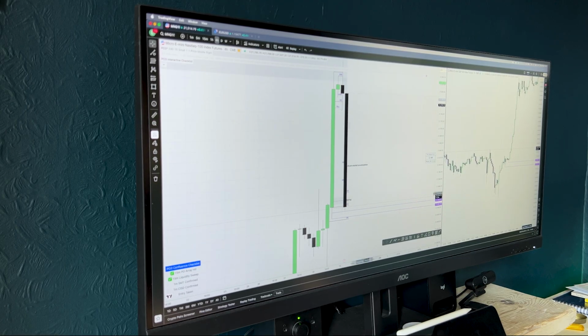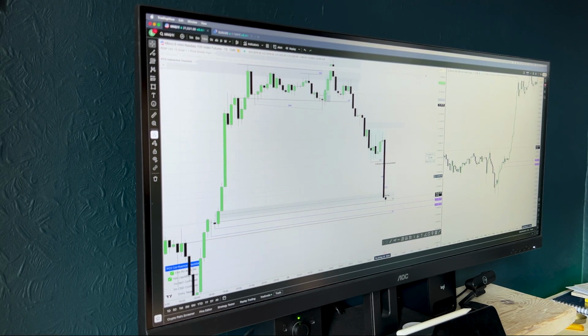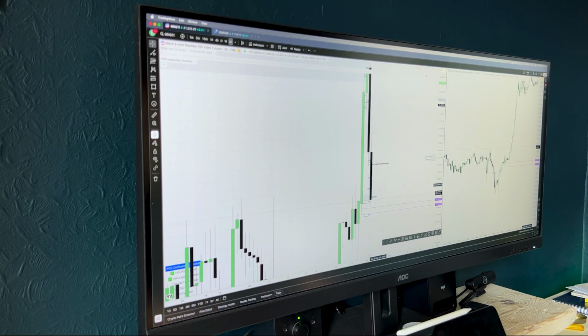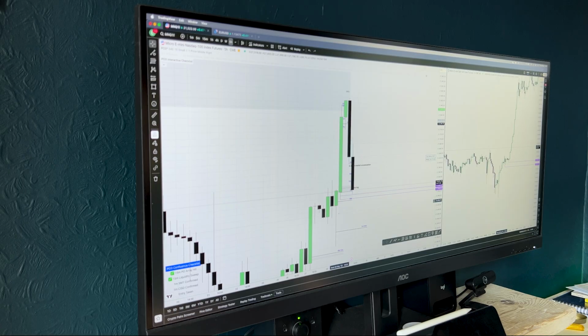Also, depending on this closure, I'm probably going to hold back now actually after I've just seen that 4 hour candle. So this 4 hour candle here, if this closes below this, actually no, we've still got a while to go.